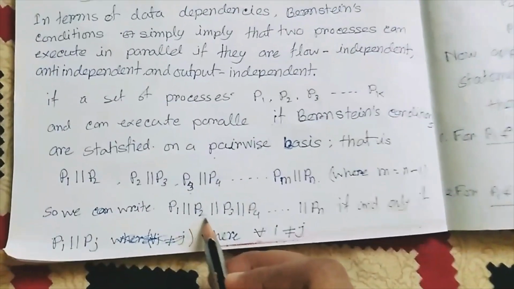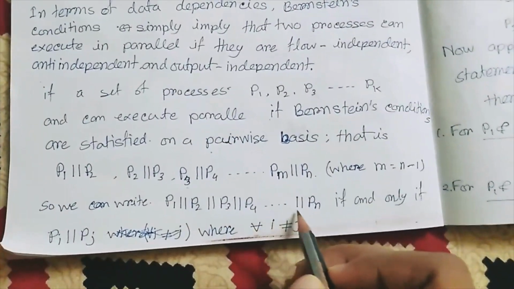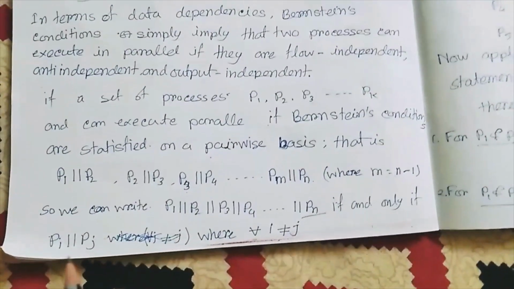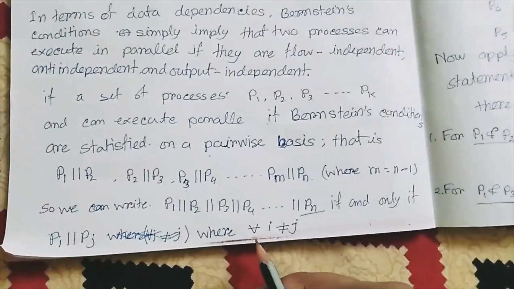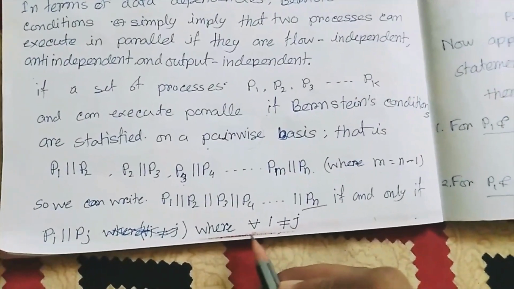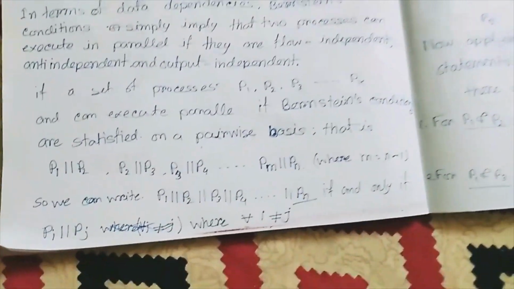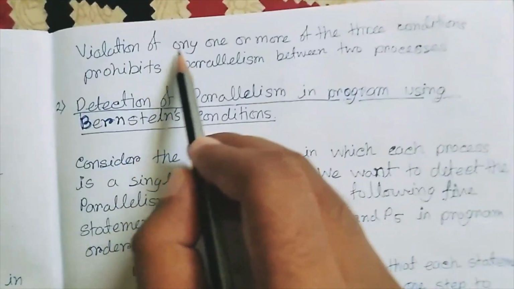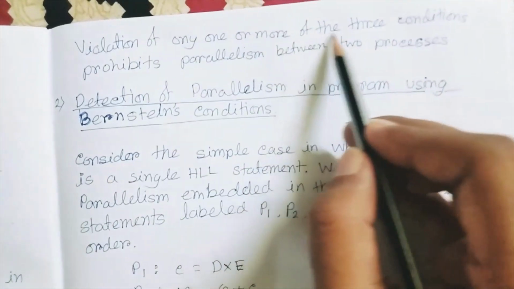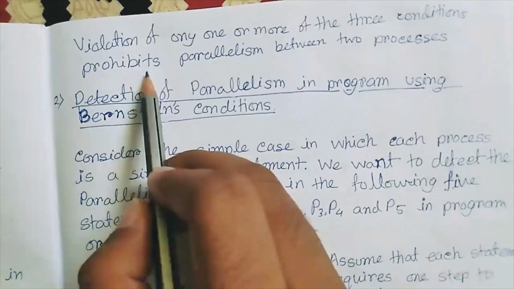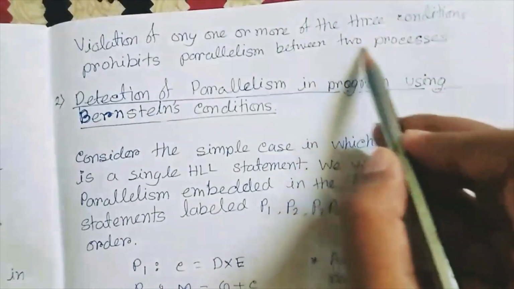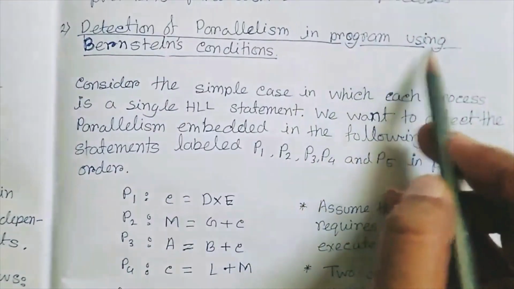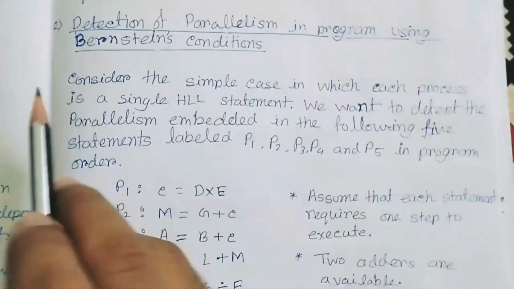So we write P1 parallel P2 parallel P3 parallel Pn if and only if Pi parallel Pj for all i not equal to j. We have to remember that violation of any one or more of the three conditions prohibits the parallelism between two processes.